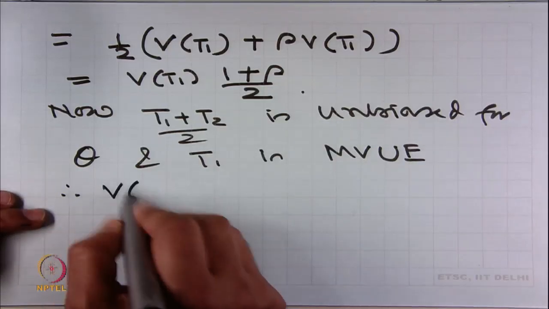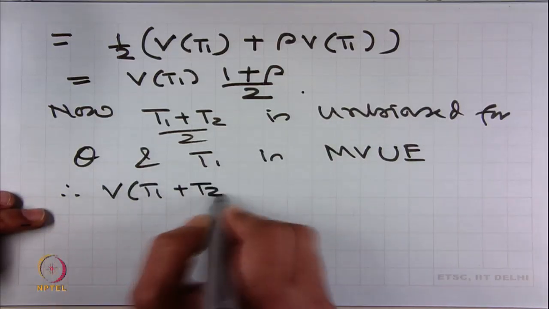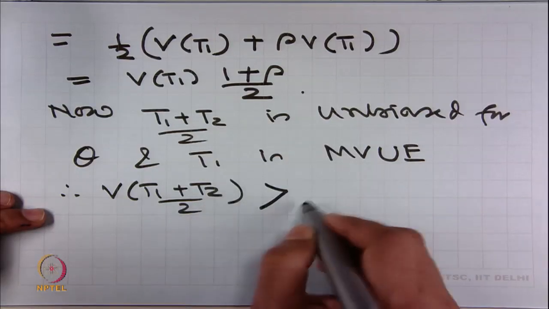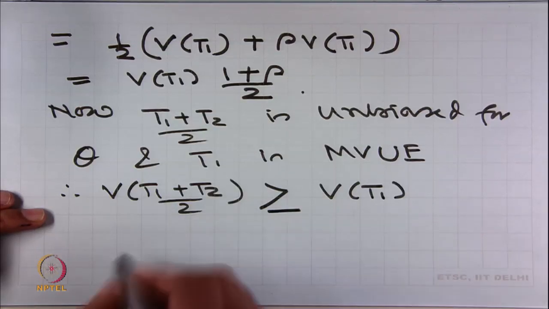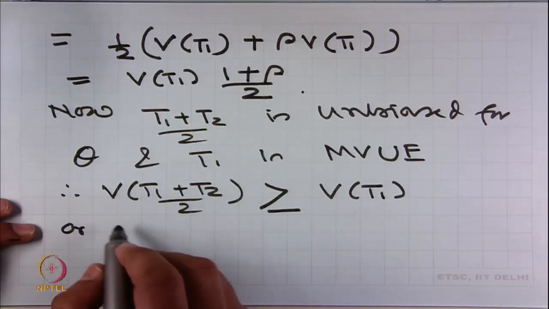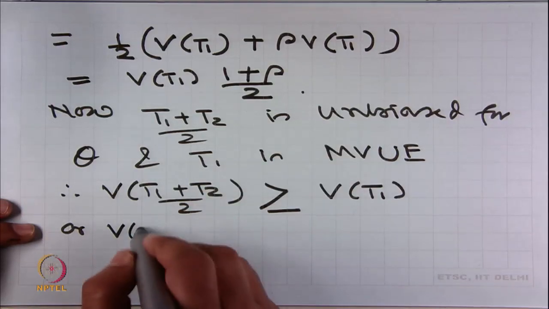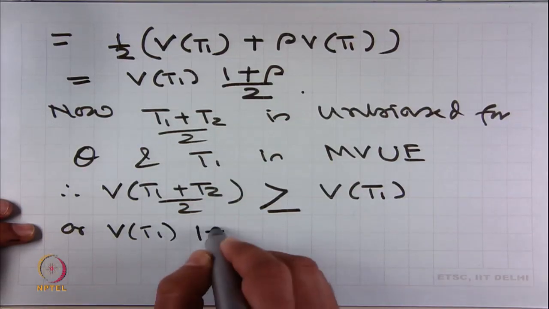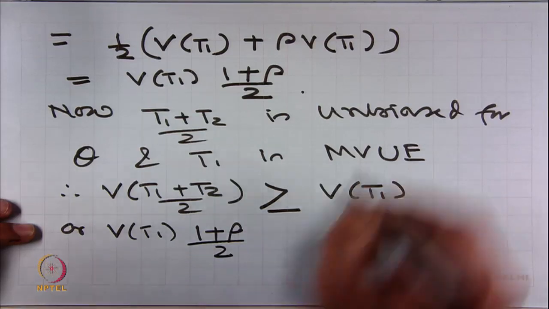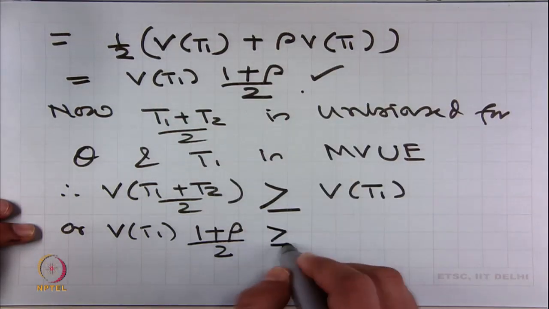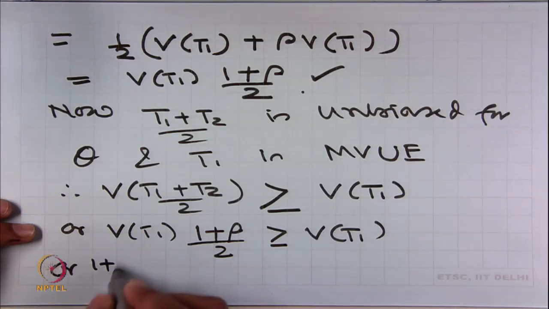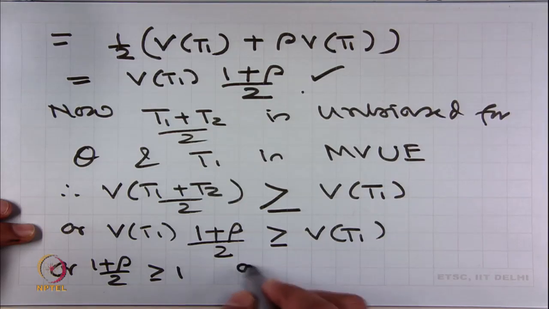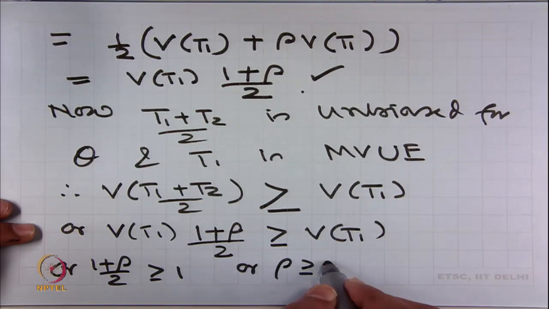Therefore, variance of T1 plus T2 by 2 is greater than or equal to variance of T1, or variance of T1 into 1 plus rho by 2 is greater than or equal to variance of T1, or 1 plus rho by 2 is greater than or equal to 1, or rho is greater than or equal to 1.